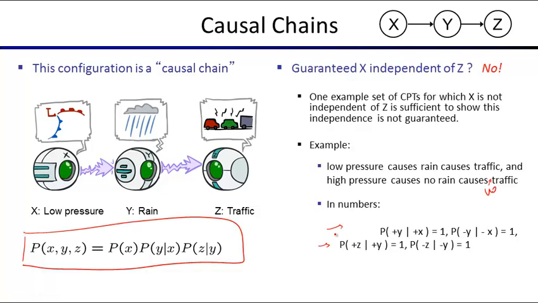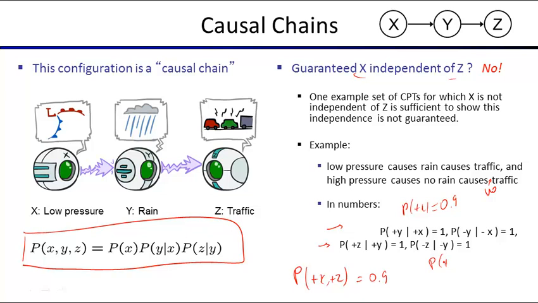And if you then do the little computation and you look at p of x and z, let's say p of plus x comma plus z. We need a number for x, so let's do p of plus x equals 0.9. And plus x comma plus z is 0.9 times, whenever x is positive, z will be positive, so it's just 0.9.